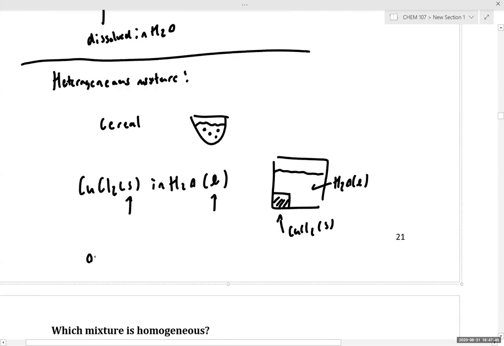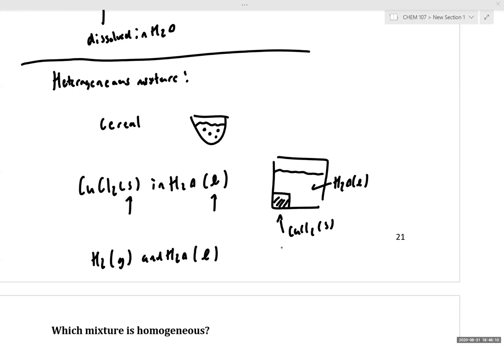Another example would be, as we've seen previously, oil and water. Or to use another example, if we see carbon dioxide gas and water, actually let's use hydrogen instead of carbon dioxide, just to avoid a potential nuance in that discussion.